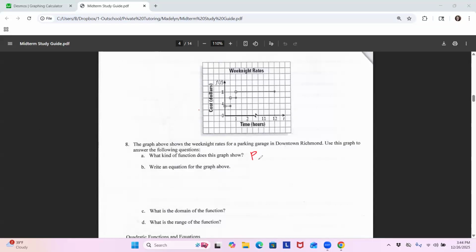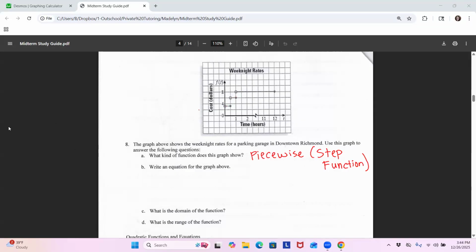It's piecewise, this is how you spell it, or this could also be called a step function. Actually, that's probably better. A step function is a particular piecewise function that looks like stair steps. See how this kind of looks like steps? You could walk up, up, up. So either piecewise or step might be a little better.